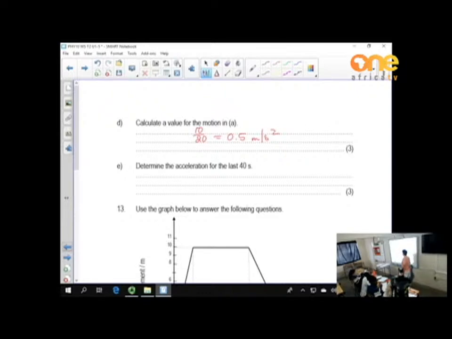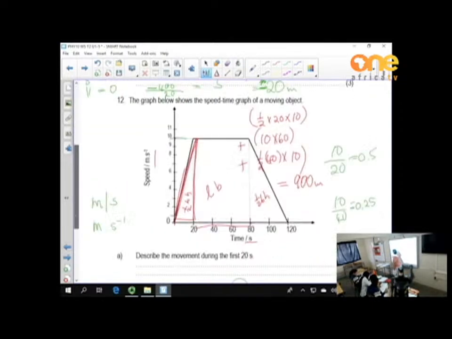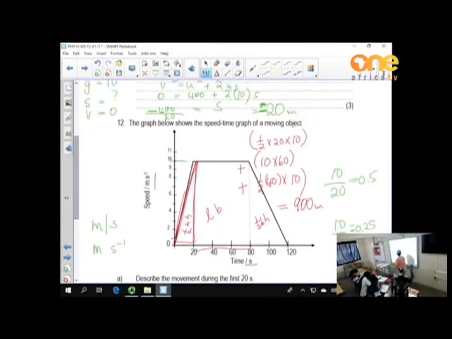All right. And then the last part, the acceleration on the last part of that graph, we have to get the gradient of the line. So now we need the gradient of this line, which is going to be change in Y over change in X. It's 10 divided by 40.